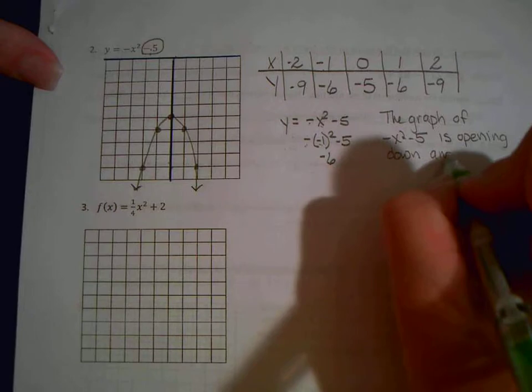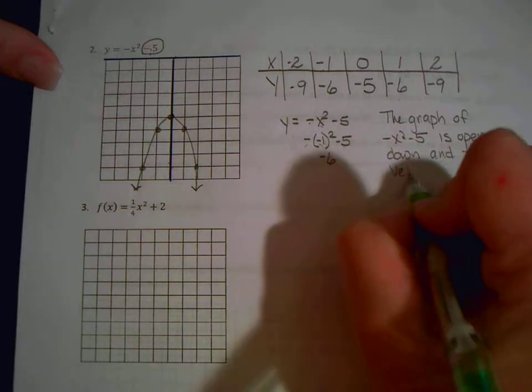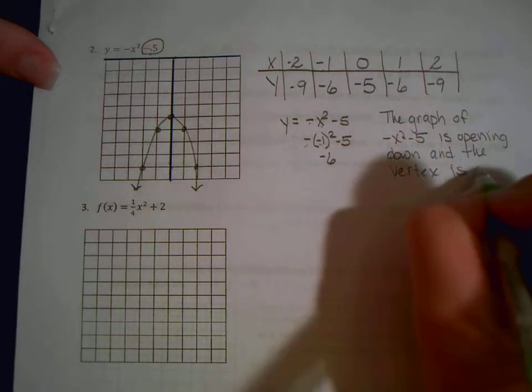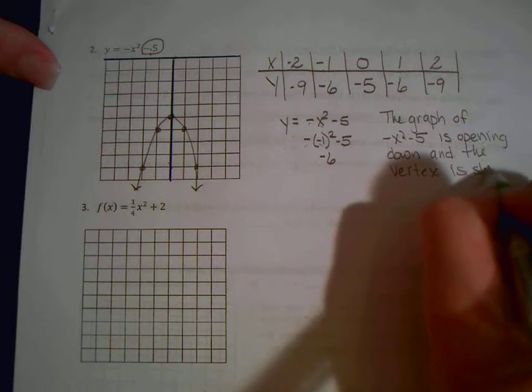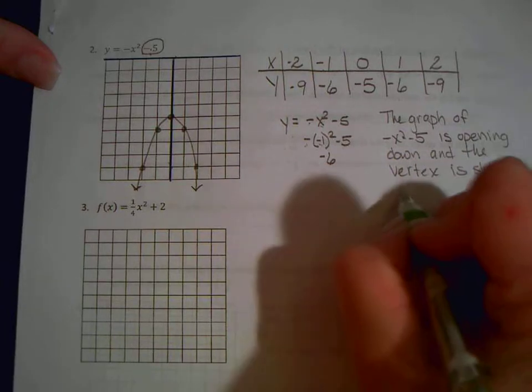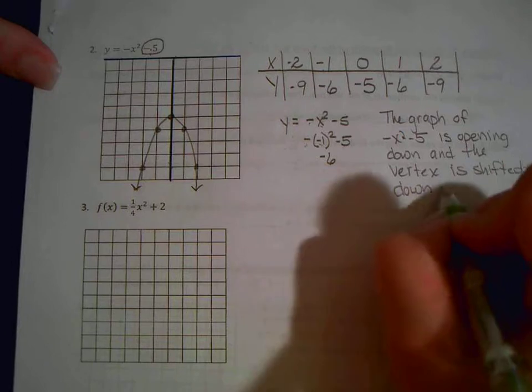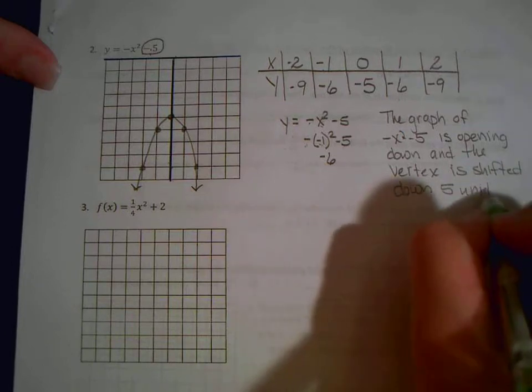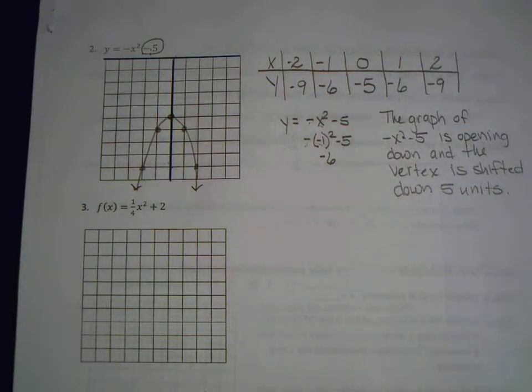And the vertex is shifted down 5 units. And again, there's no stretch or reflection, so we don't need to talk about it.